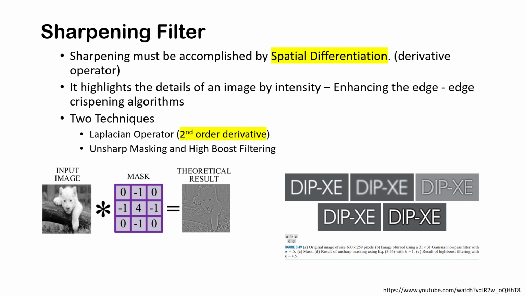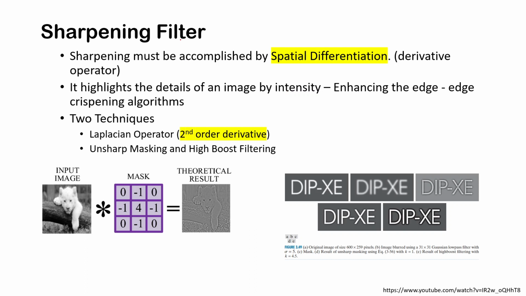Its function is to highlight the details of an image by intensity, enhancing the edge, which is an edge crisping algorithm. The intensity is the number, for example 0 to 255, where 0 is very dark and 255 is very bright. That is the intensity for a grayscale image.